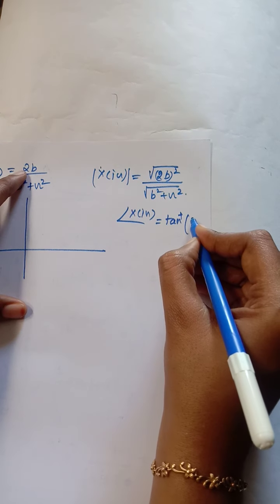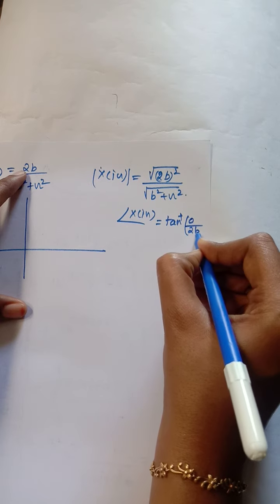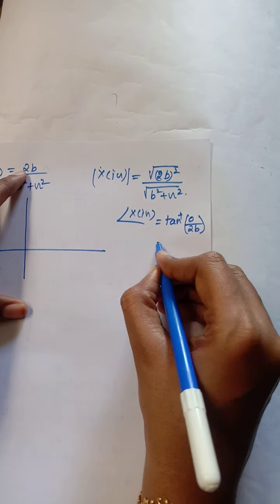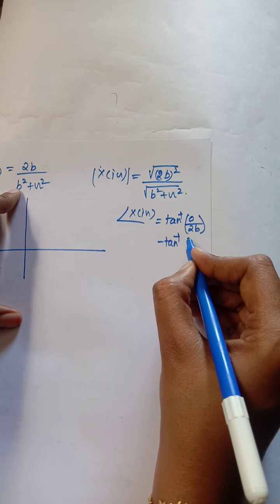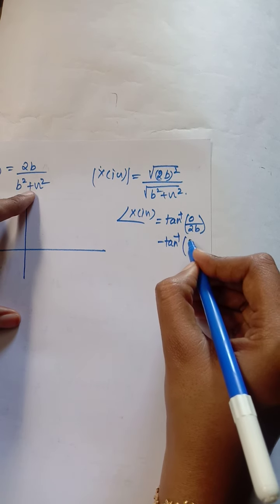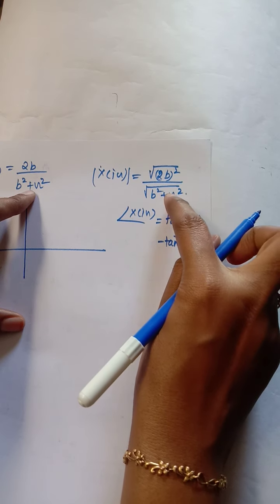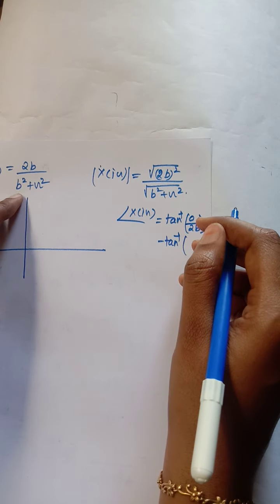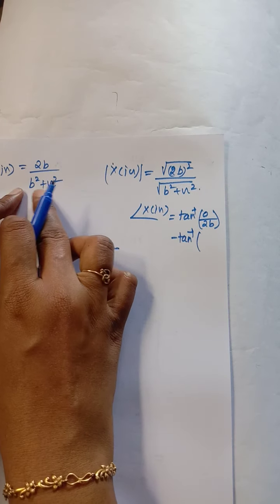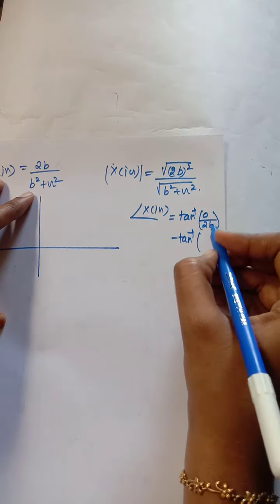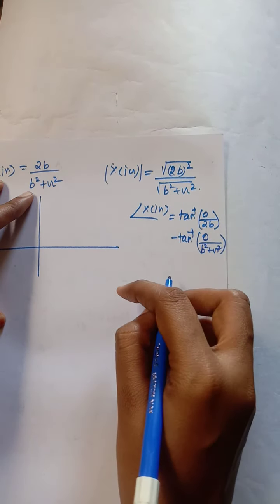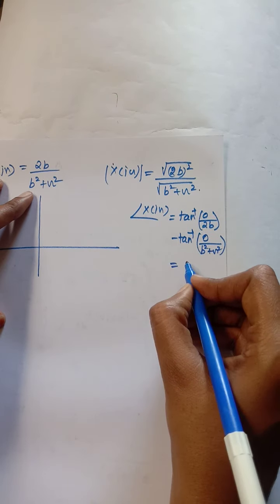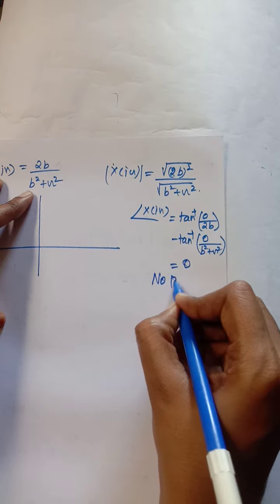So tan inverse of the imaginary part in the numerator, which is 0, over the real part 2b, minus tan inverse of the denominator term b square plus omega square. Here you are not having any imaginary part, so it is 0, and the real part is b square plus omega square for this also. So tan inverse of 0 is 0, so you will get no phase angle.